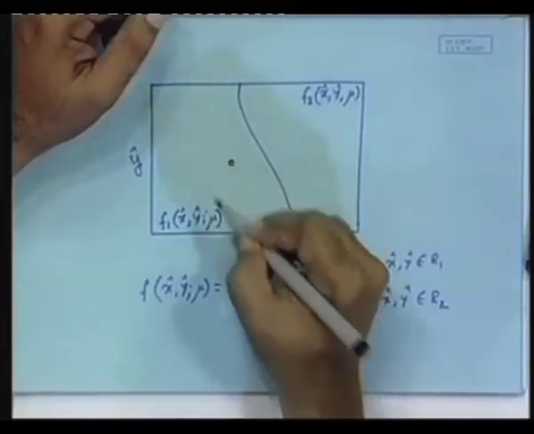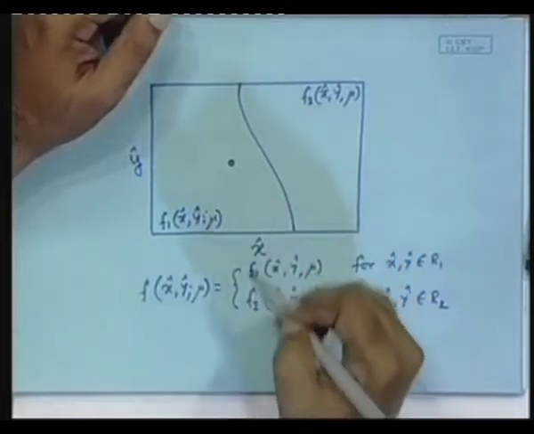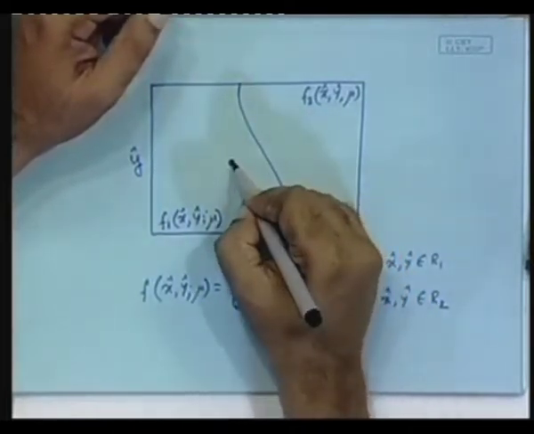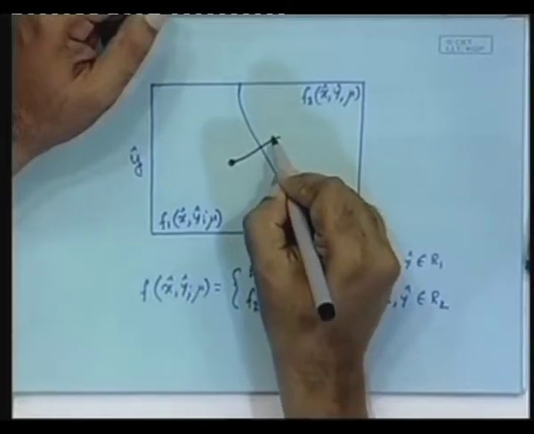So, what we will do? We are considering a situation where a fixed point, say it was here, for some value of the parameter mu, and then as you change the parameter, it hits the border.